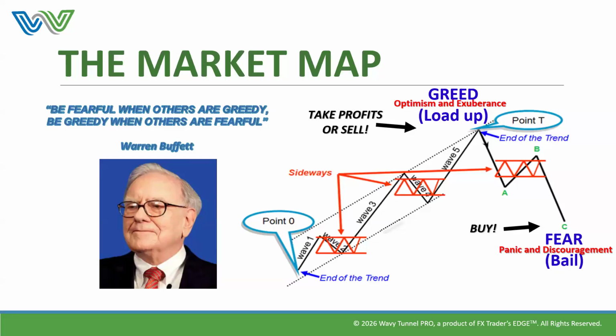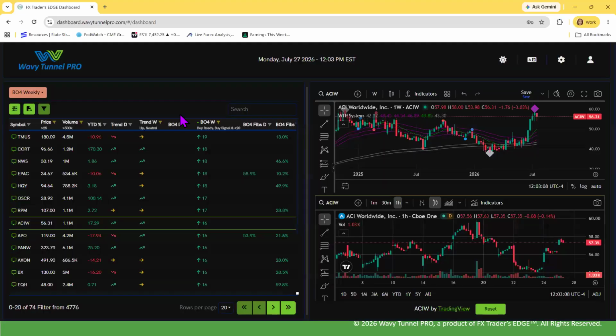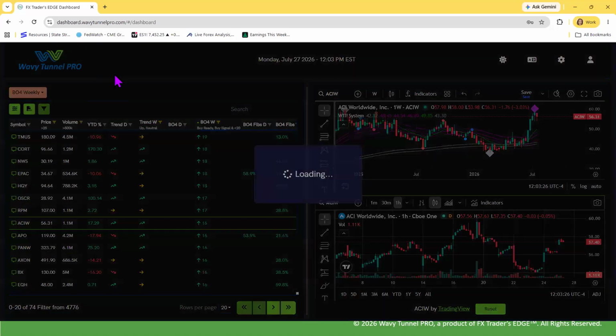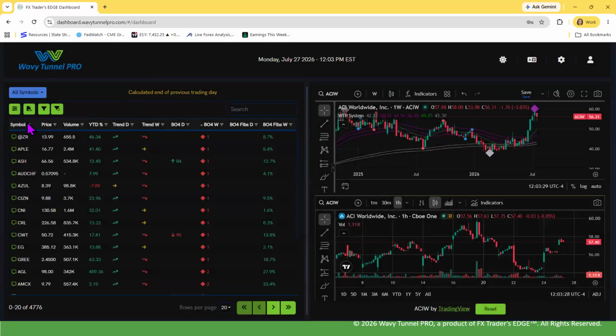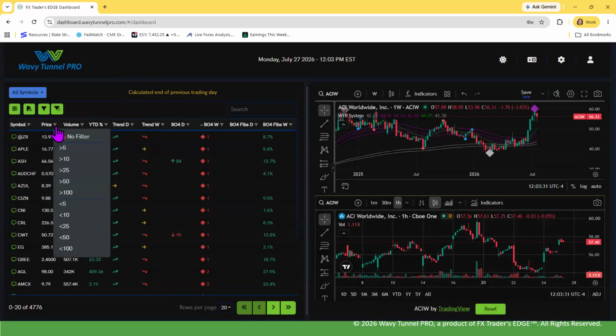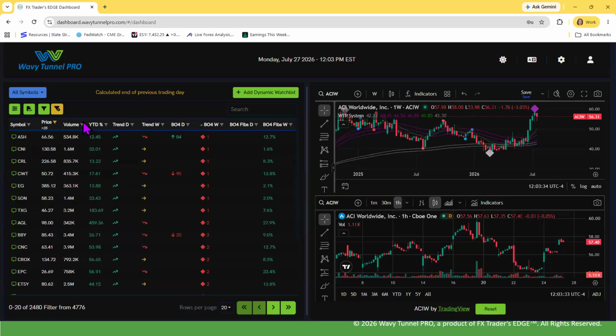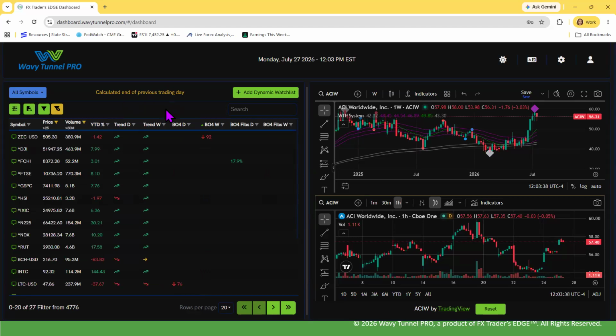Okay, let's move on to the dashboard scanner now, and let's have a look at some of these setups. Now, this is the breakout for weekly for buys. I ran the scan. Let me just go to all symbols and let's set up the scan ourselves. So we're going to do price greater than $25, volume greater than 500.